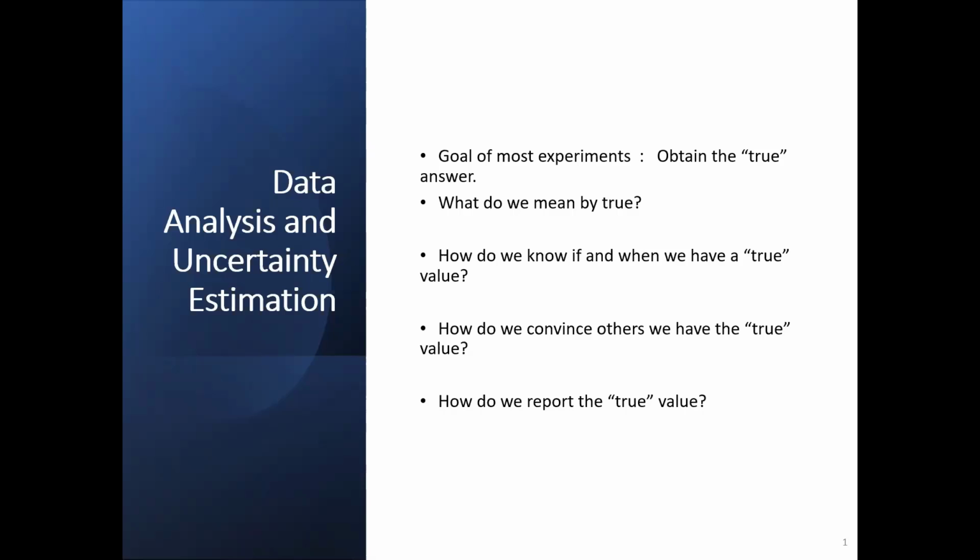We're going to answer some of these questions. In your report, I want you to present your data in a scientific way that other scientists would understand, and also understand how close your measurement is to the true value.